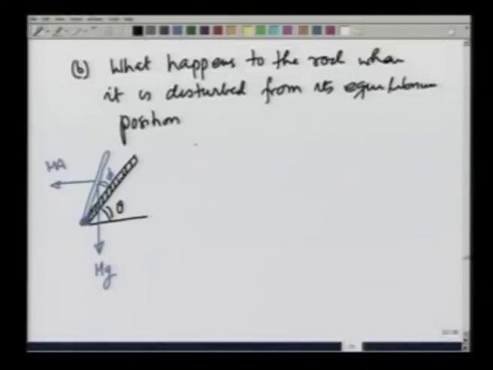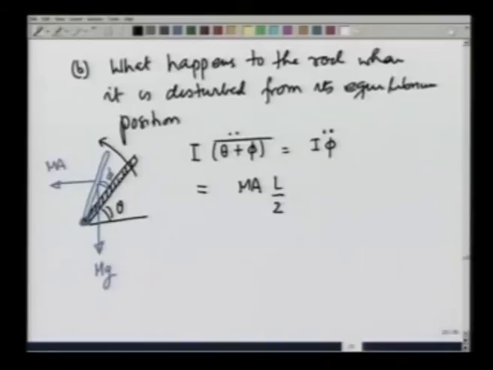That equation is going to look like I, where I is the moment of inertia of the rod about the pivot point, times theta plus phi double dot, which is nothing but I phi double dot, theta is a given fixed angle, is equal to, phi is going this way positive, so it is going to be equal to ma L by 2 sine of theta plus phi minus mg L by 2 cosine of theta plus phi.